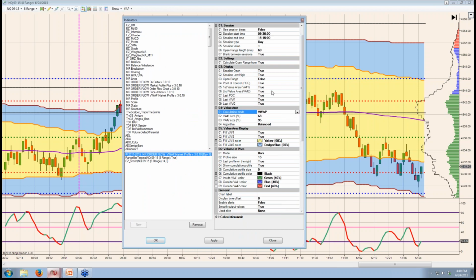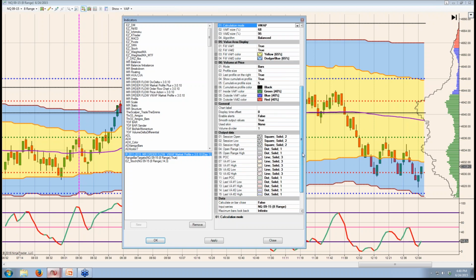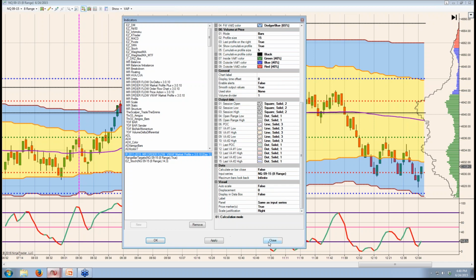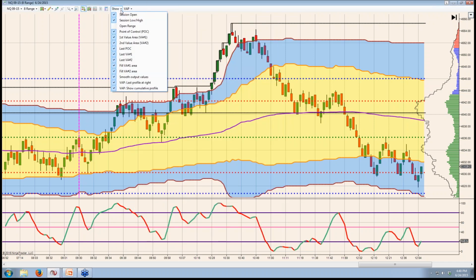You can plot the previous day's value areas, which I do, and point of control. There's lots of options here, and you can do a lot right from here. Just put a check mark next to what you want and what you don't want. The purple line here is the point of control. And the blue, the red, the green, the red, the blue dots all here, these are previous days' value areas.